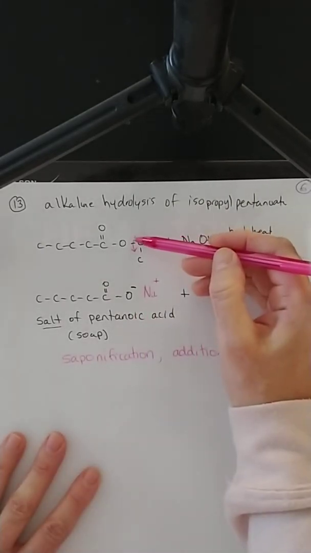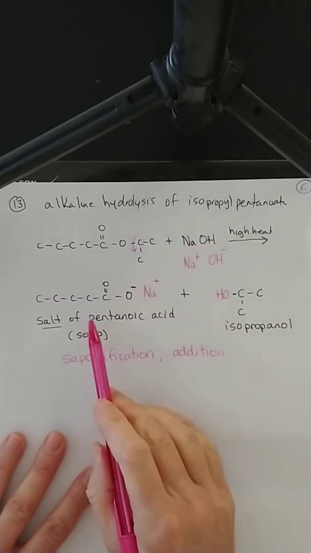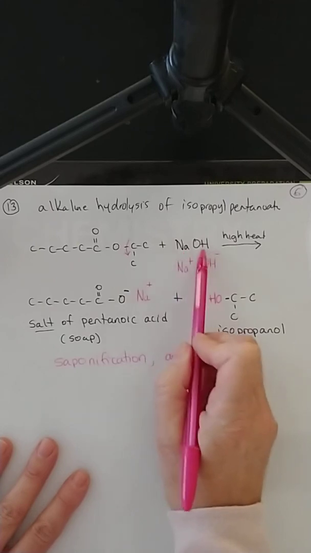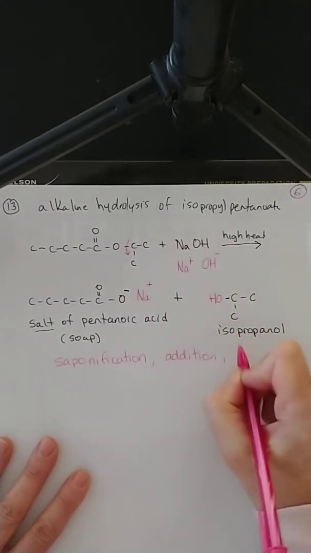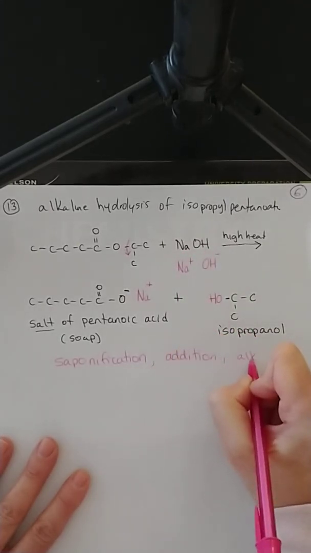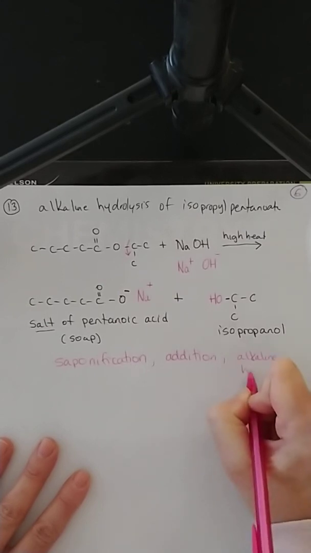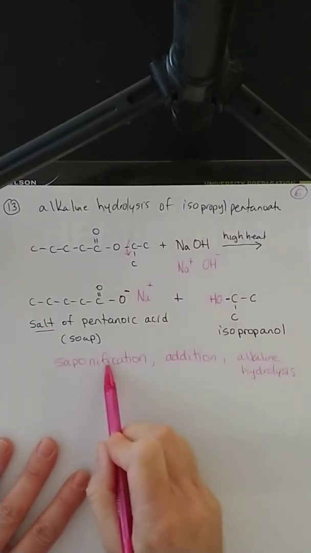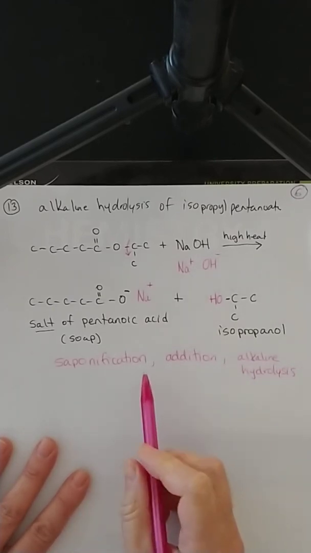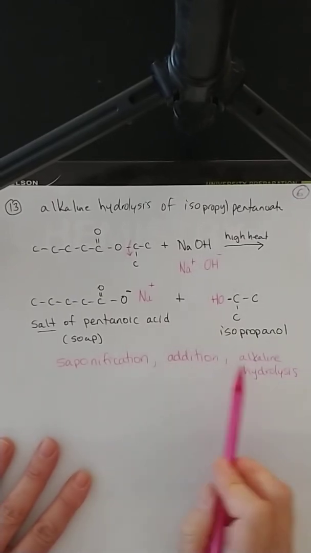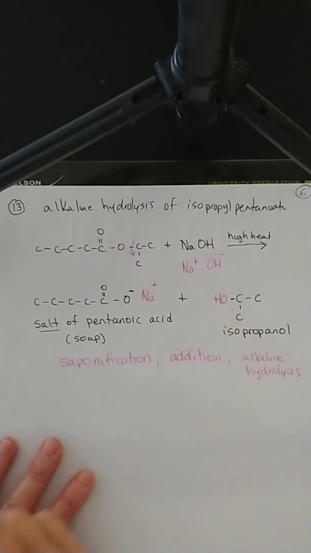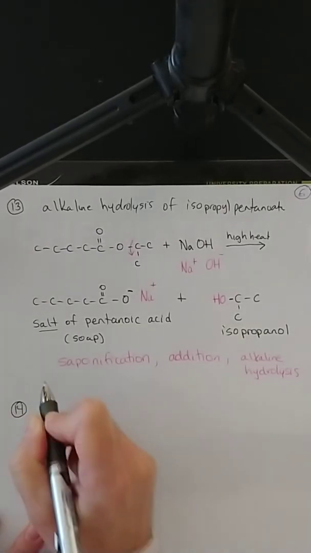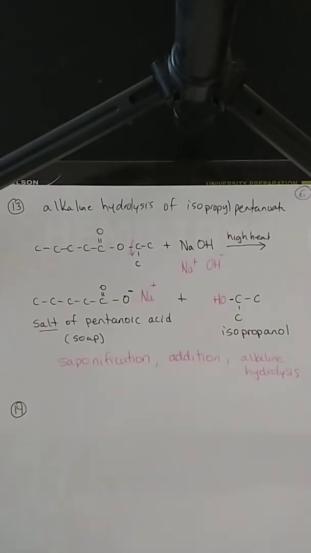And because we've broken this bond and synthesized 2 smaller ones, it's a hydrolysis, but because we use sodium hydroxide, it's referred to as an alkaline hydrolysis. Okay, so these are really the same thing. I didn't need to write them out twice, but I want you to be aware that those are the same thing.